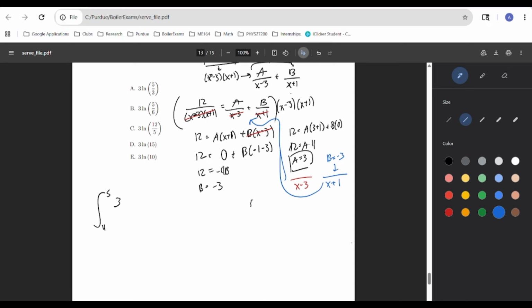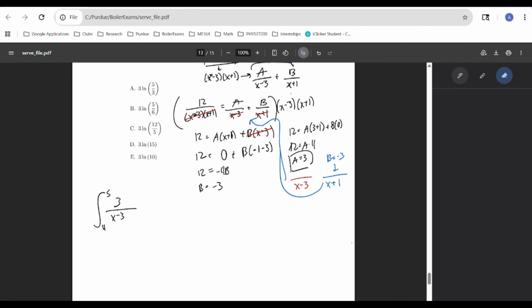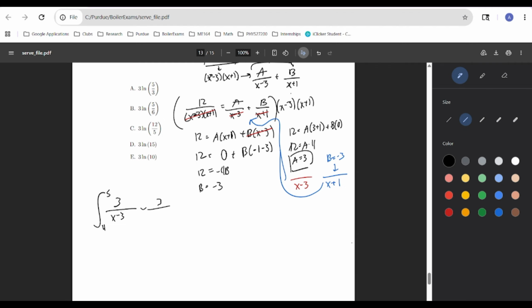So we're going to do that again. 3 over x minus 3 plus, minus 3 over x plus 3, not x plus 3, that'd be x plus 1.